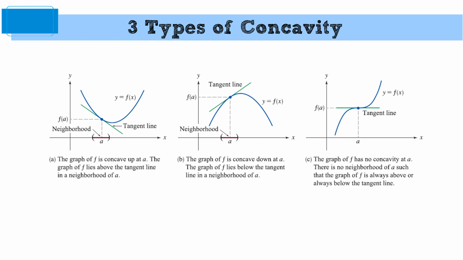It's always part of the bowl. The one in the middle is always concave down. It's always part of the umbrella. In the right picture, it switches from concave down to concave up. That point where it changes, labeled A here, is called a point of inflection. It's where concavity changes. And all of this relates to the second derivative.